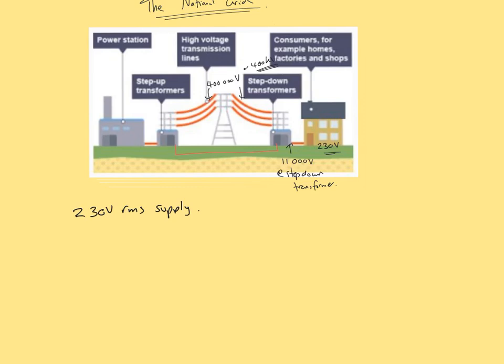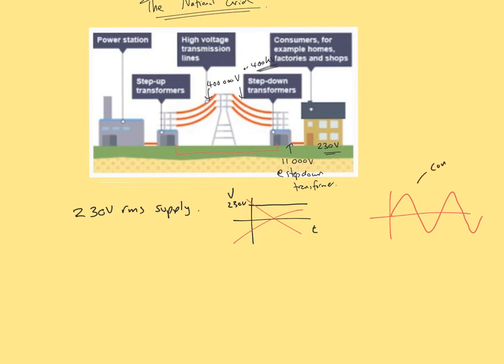What that means is, rather than having just 230 volts as if you had a 230 volt battery, so if you had a graph of potential difference against time, that would be a 230 volt battery. That's not what happens. What you actually get is a constantly changing potential difference, which swaps direction several times.